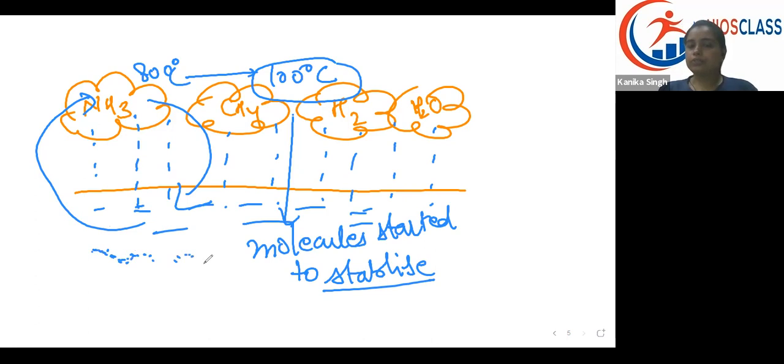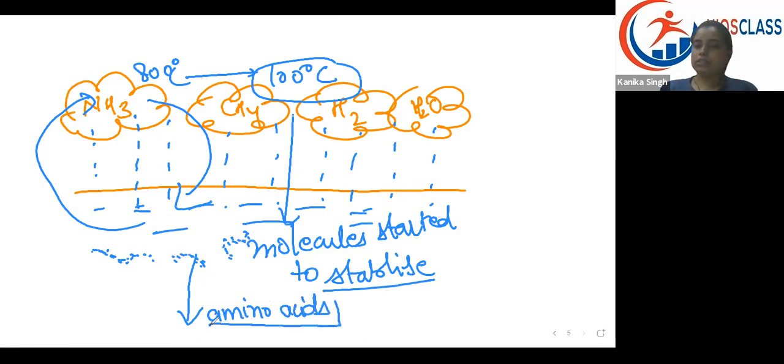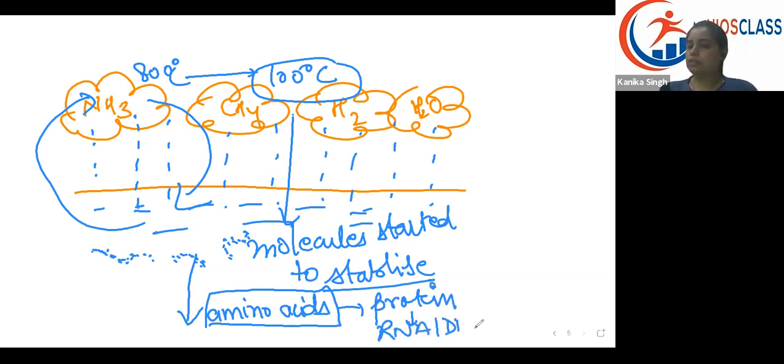These chain-like structures are known as amino acids. So they thought that amino acids were formed, then proteins were formed, and these proteins were formed to make DNA and RNA finally. So this was their theory.